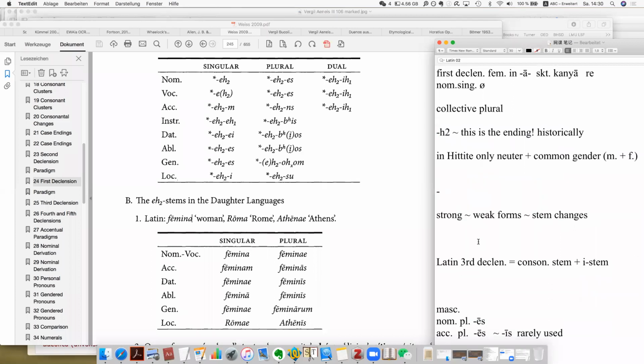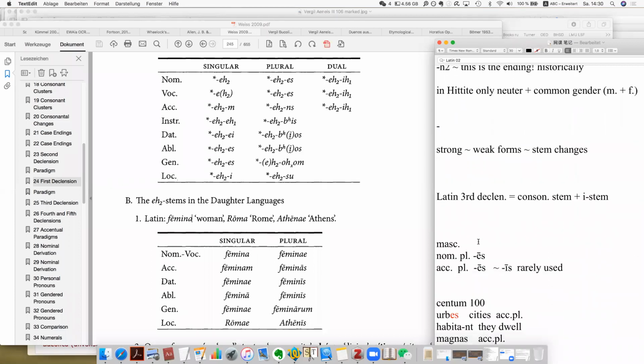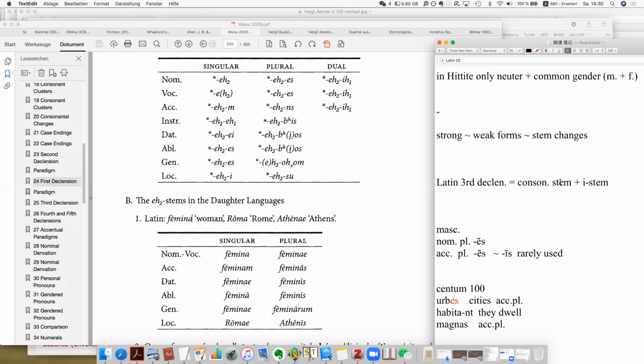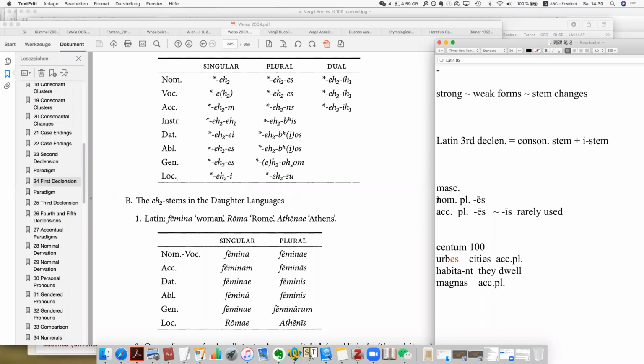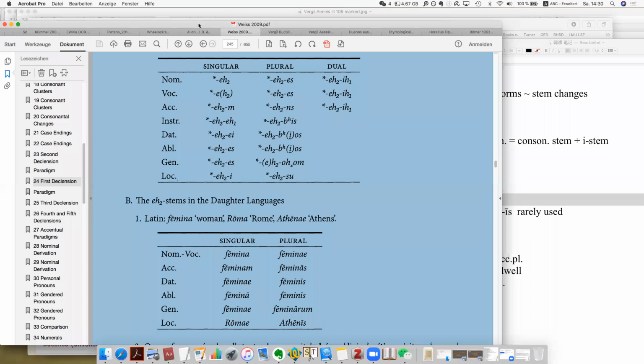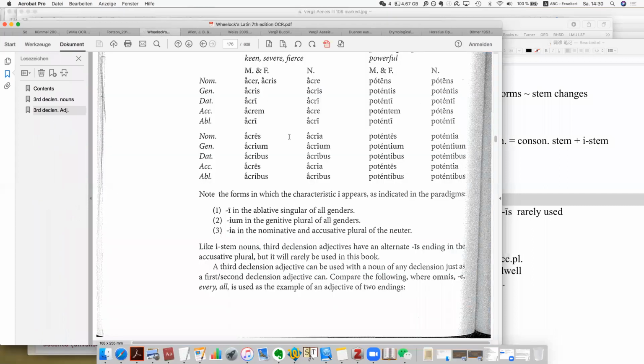And then we talk about the third declension in Latin. And third declension in Latin is actually a mixture of consonant stem and I stem. And we talk about two forms in particular, nominative S, accusative S in classical Latin, and also you find it in your grammar. But already in Wheelock Latin, you find the information here.